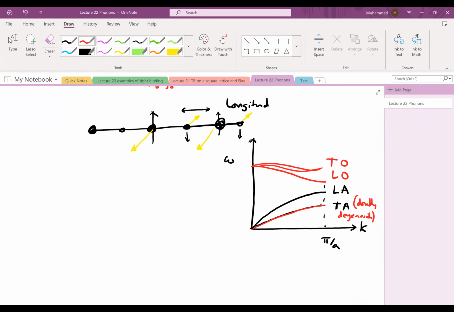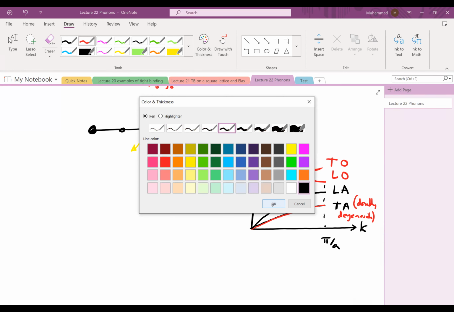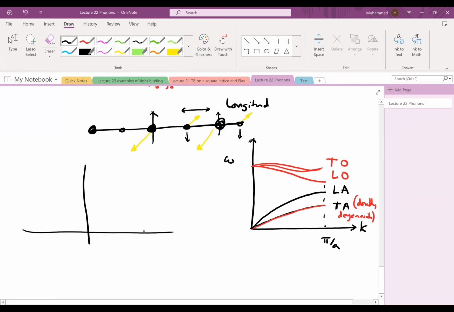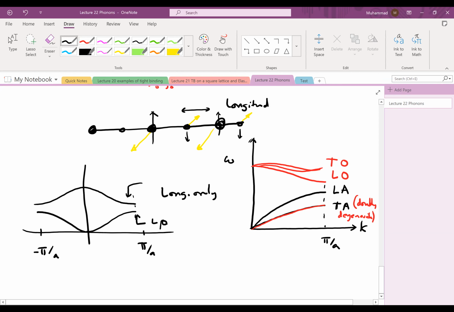So suppose I have, now I also do know that inside my first Brillouin zone, so if I plot my first Brillouin zone between pi by A and minus pi by A, let's focus our attention on the longitudinal only. I have an acoustic longitudinal band and I have a longitudinal optical band.